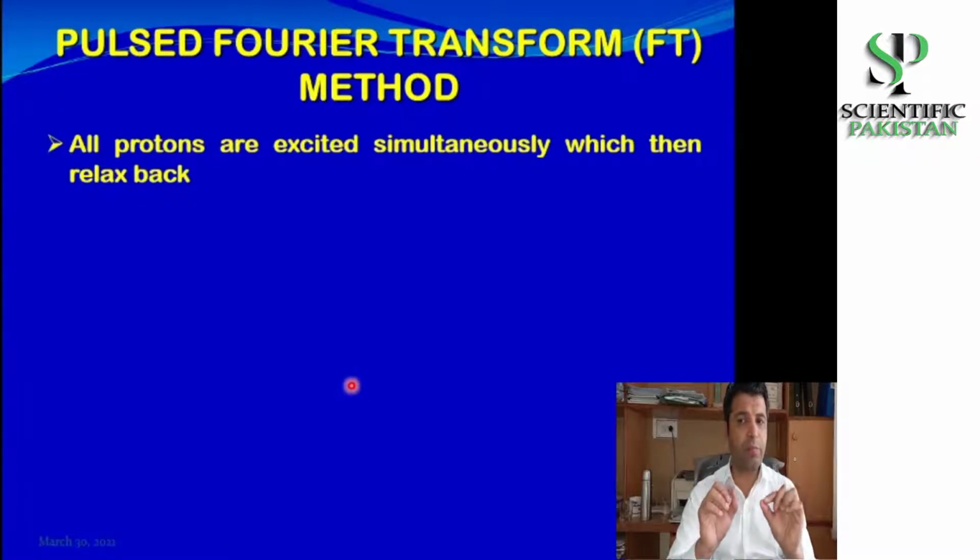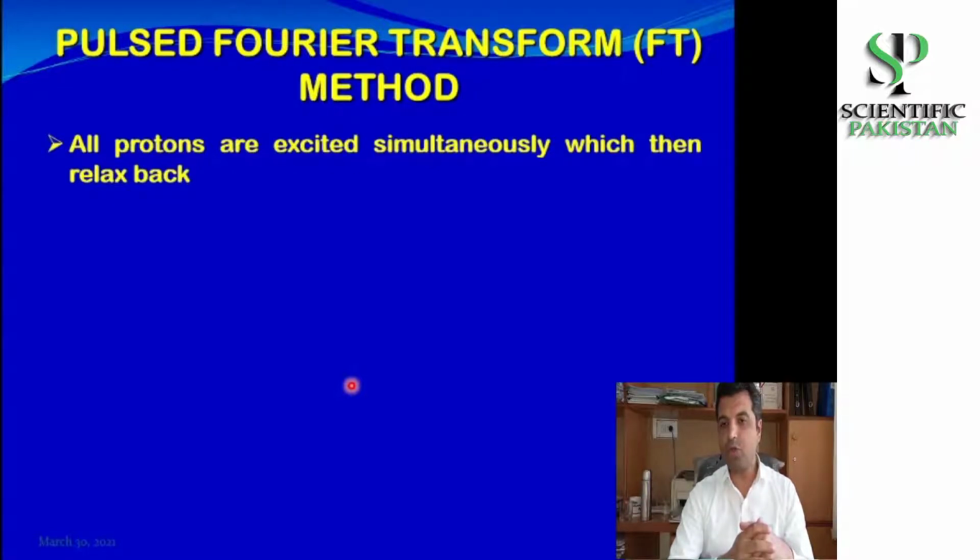This is a very important part of the signal generation in NMR spectroscopy, and that is relaxation. You have excited the protons, you have provided energy to the protons, but unless and until you allow them to relax back, they will not give you a signal. If you remember, I told you about saturation in the previous session.